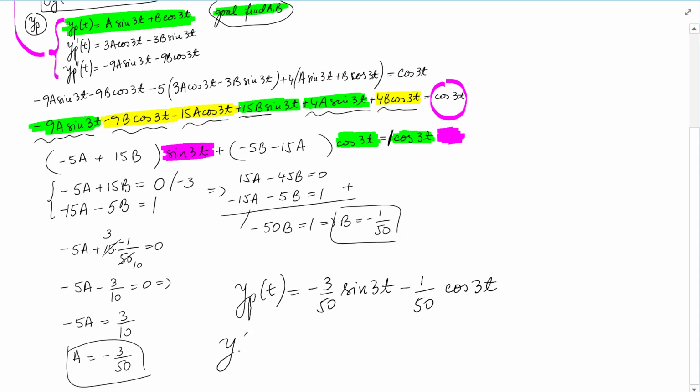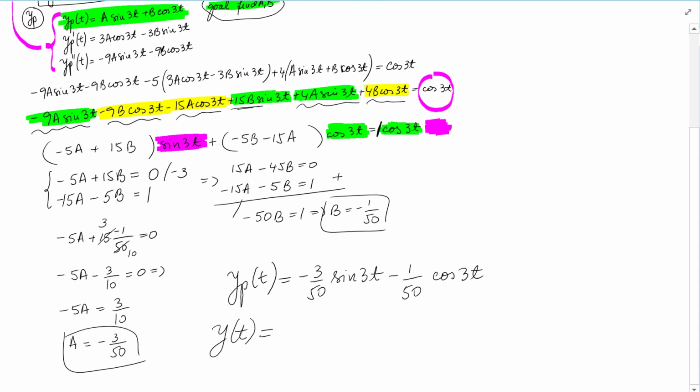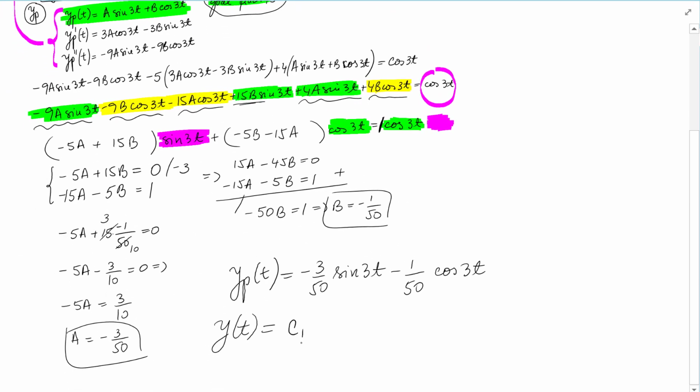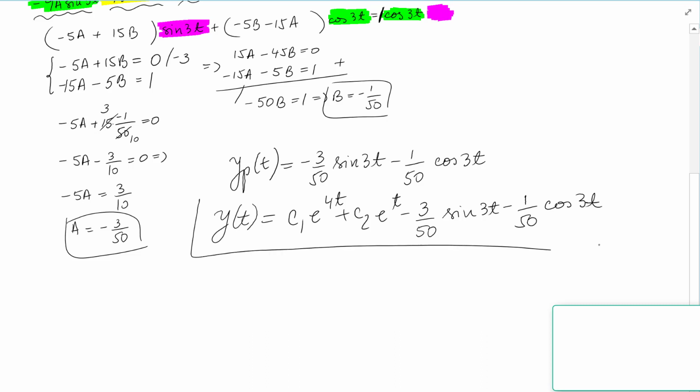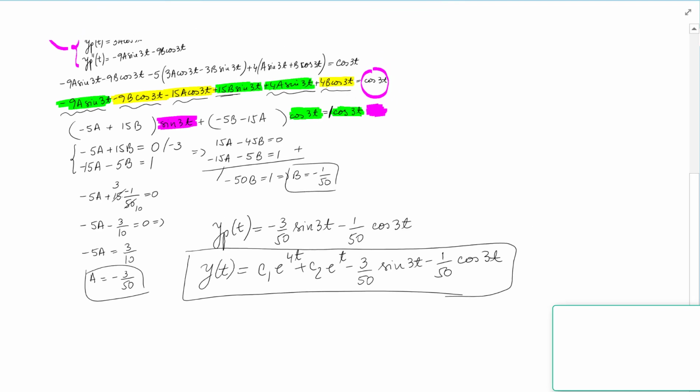In other words, the solution of the equation is the general solution, which we had, c1 e to 4t plus c2 e to t, plus the particular one, which is what we just found, negative 3 over 50 sine of 3t minus 1 over 50 cosine of 3t. So this is the solution of the equation that we started with.